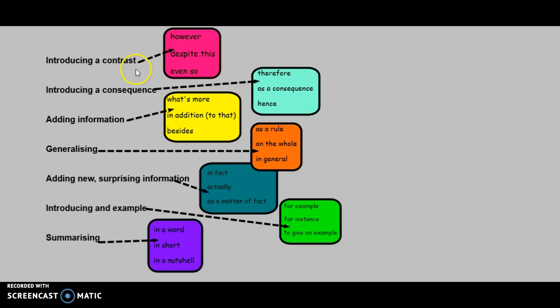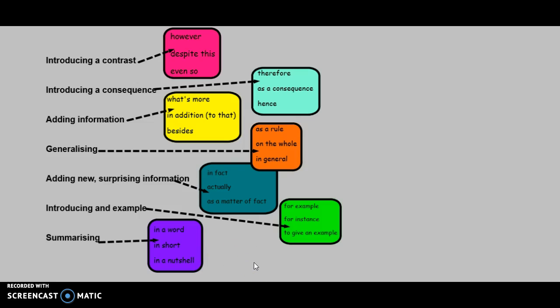For example, introducing a contrast, introducing a consequence, or adding information, which we did today. We also have generalizing, for example, as a rule, on the whole and in general, adding new or surprising information: in fact, actually, as a matter of fact. Introducing an example. Sorry, this is an example: for example, for instance, and to give an example, and summarizing: in a word, in short, in a nutshell.